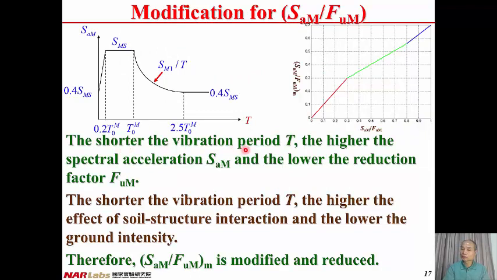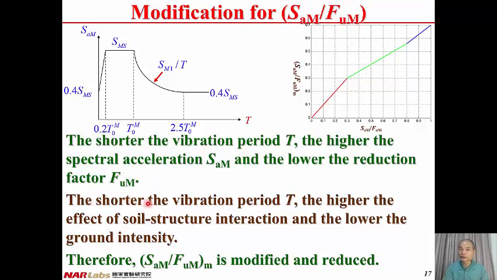The shorter the vibration period, the higher the spectral acceleration. The higher the spectral acceleration, the lower the reduction factor. Therefore, the ratio between SAM and FUM when the vibration period is short is large.